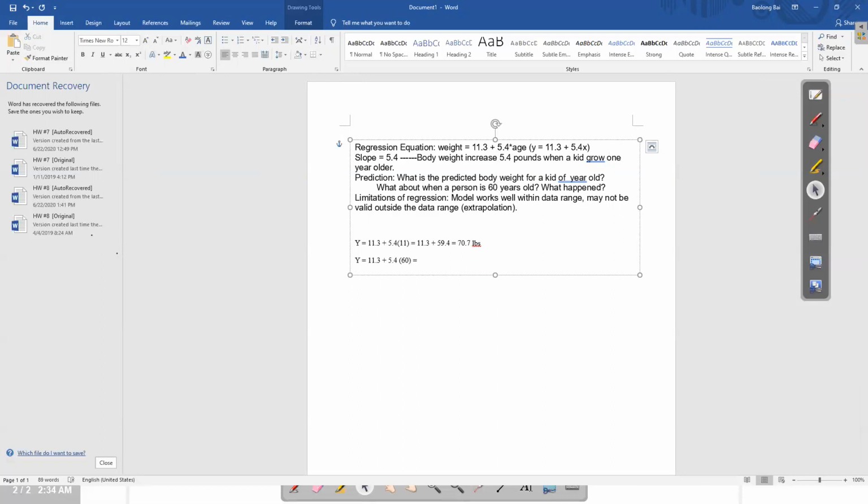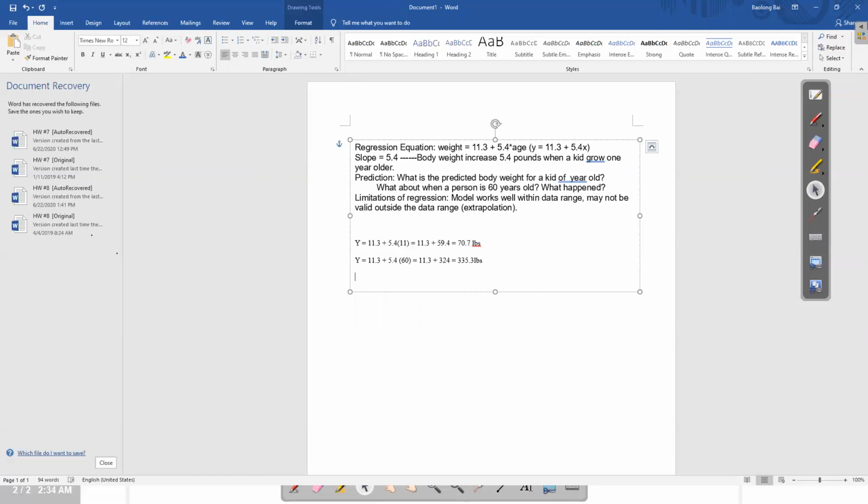But now if you do the calculation, that will be 324 after you calculate. You need to add 11.3, so that will be 335.3 pounds.